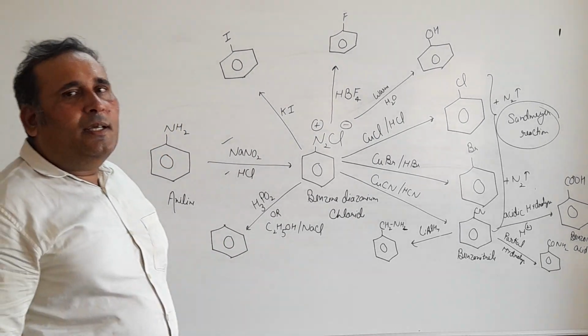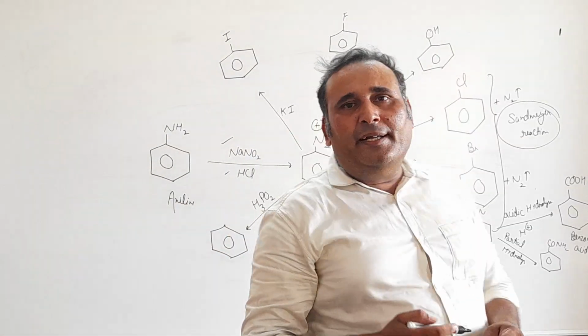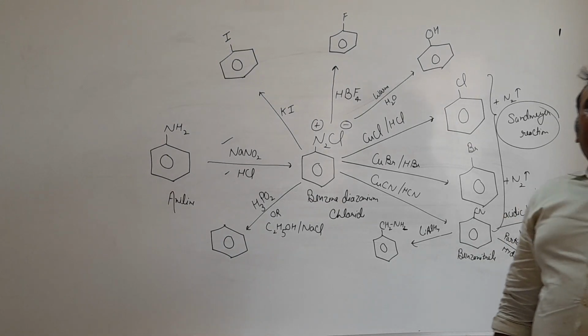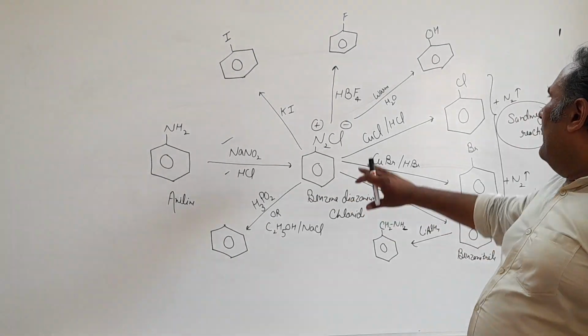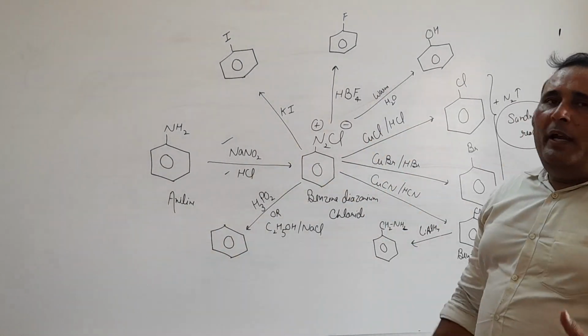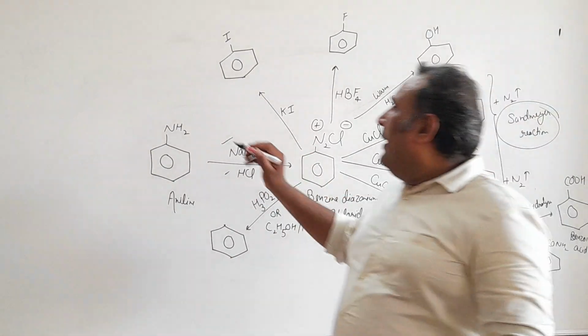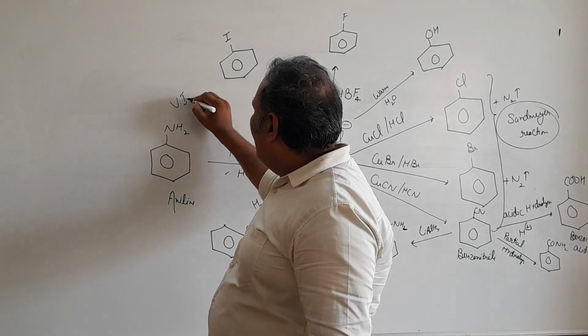So we can say benzene diazonium chloride is a very important intermediate. It can be used to prepare a number of aromatic organic compounds. So this is a very important reaction.